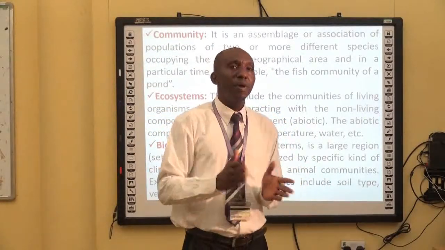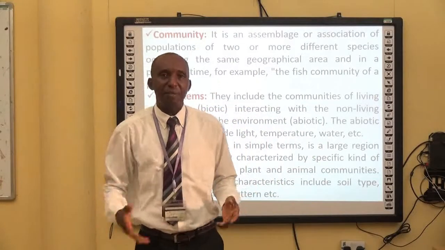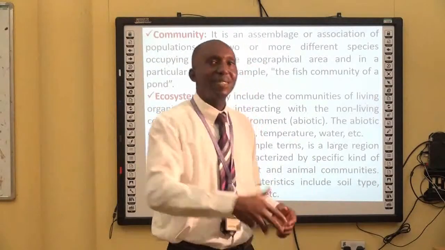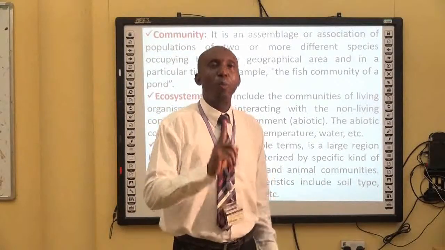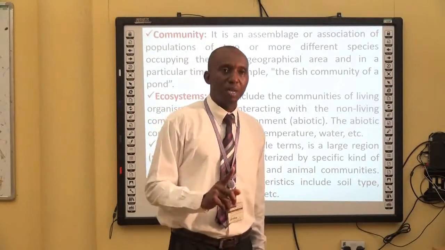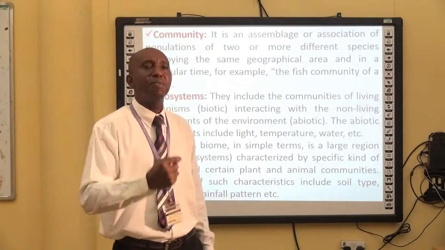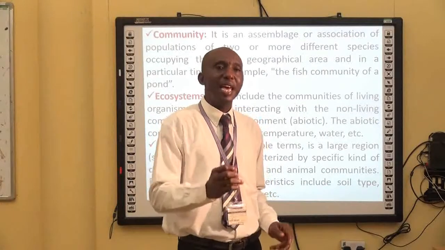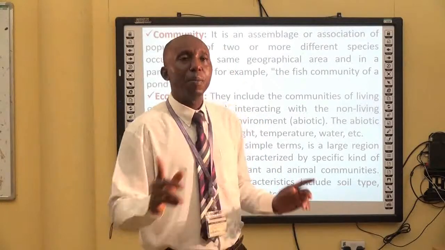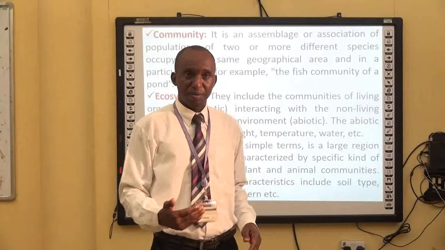The living components of the environment that have life, the birds, the rats, the frog, the human beings, they are the biotic component of the ecosystem. Biotic, that means they have life. Then the ones that don't have life are the abiotic. Example of the abiotic is the air we breathe.